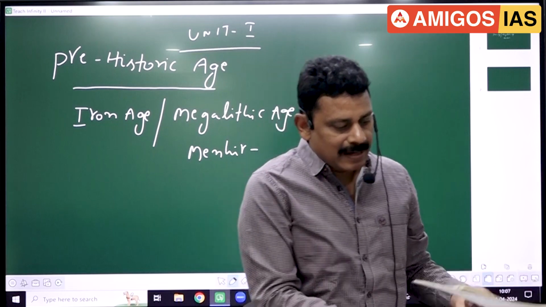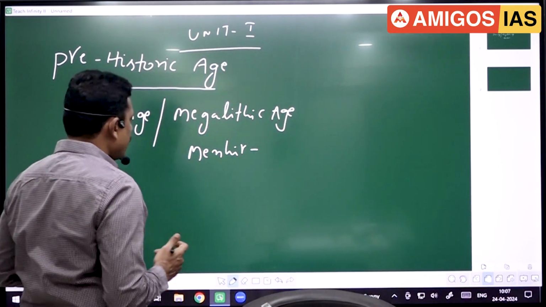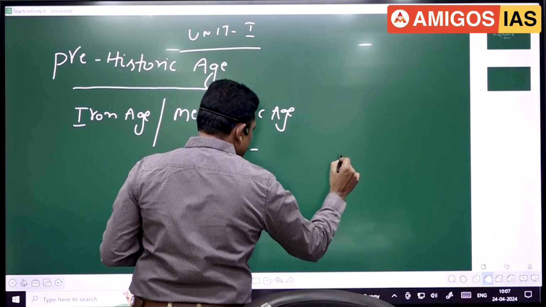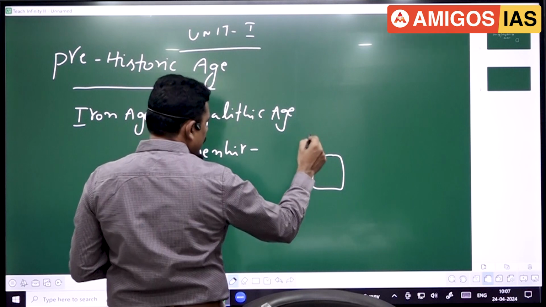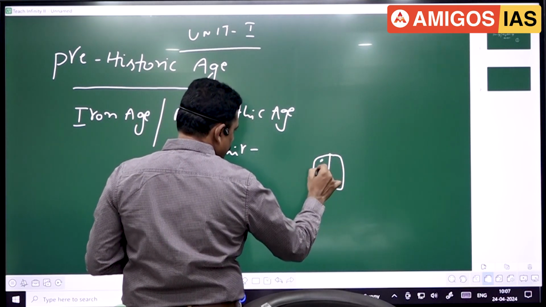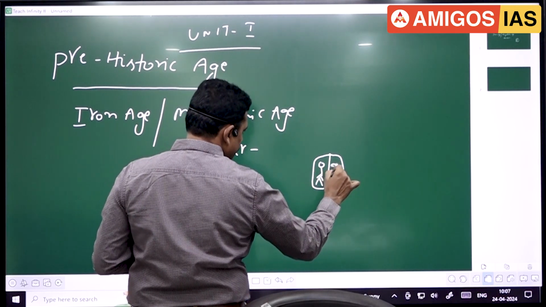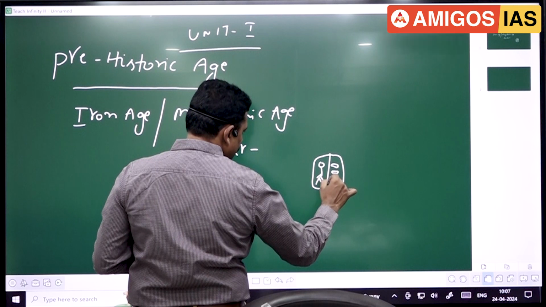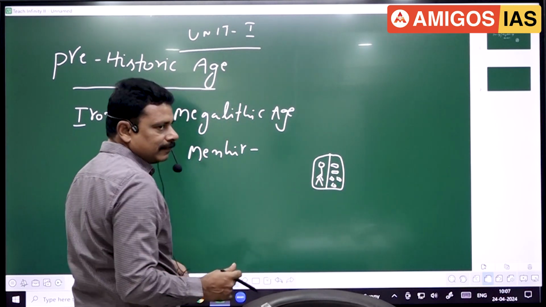It's a typical burial practice where they used to bury the dead in the middle, and this is the grave, the proper grave. Here you can find the skeleton. Then here some grave goods are to be deposited.